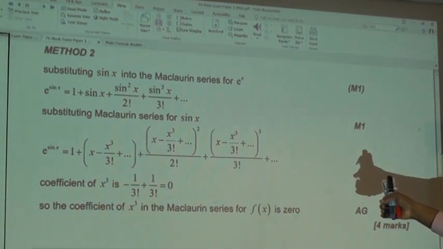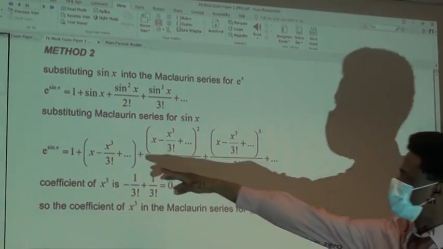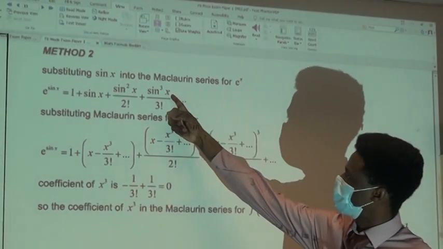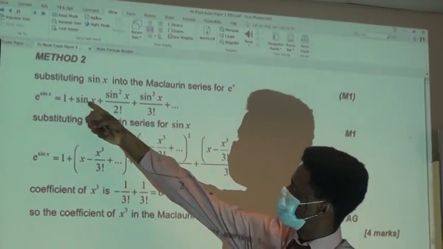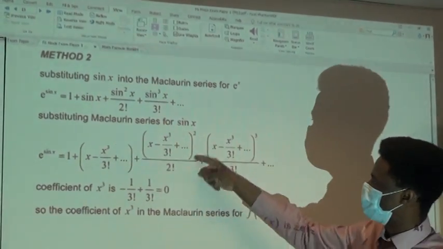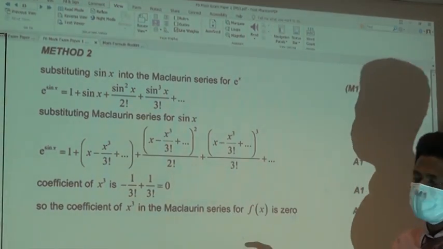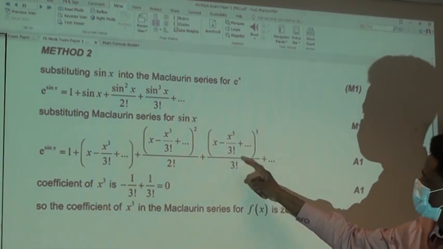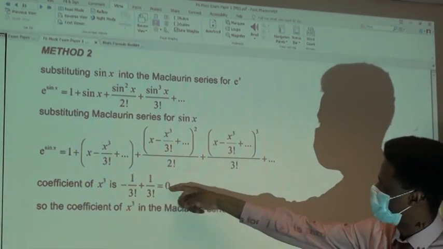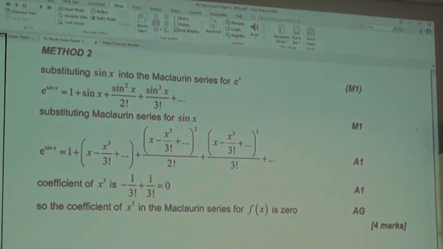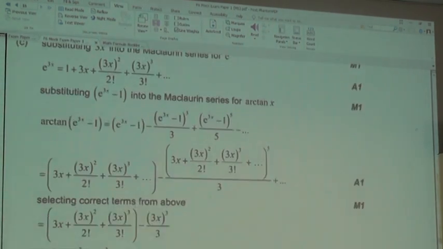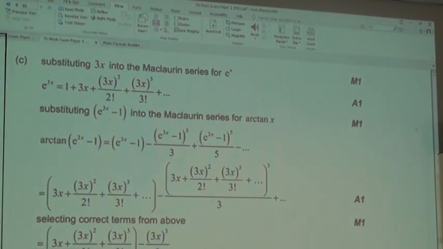You don't have to use this method. You can actually use exponential sine x. You have this, right? And you have an expansion for sine already, so you can substitute it, but that would be so many expansions. Then you realize the coefficient is going to be this factorial divided by whatever you get from here, so I wouldn't recommend that. It's quite long. But of course, if it's convenient for you.